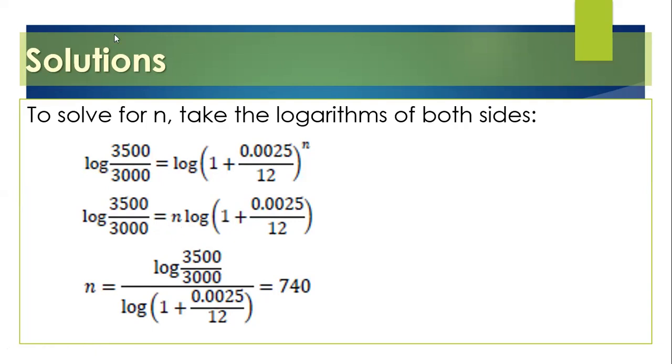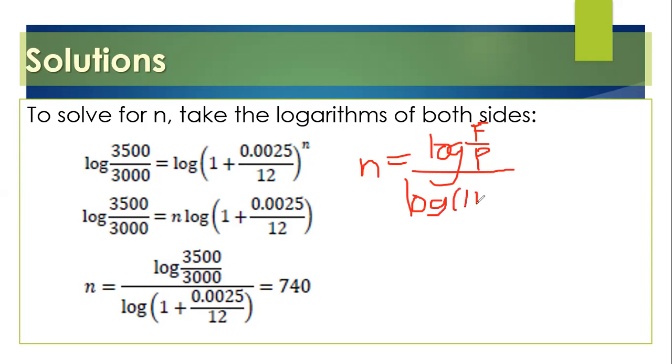So n can be computed by formula log of F over P divided by log of 1 plus J raised to, okay, so that's it. 1 plus J lang po pala.